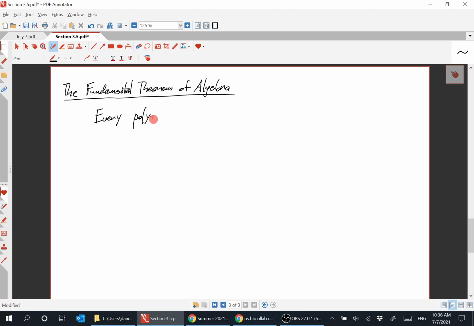polynomial of degree n has n roots, counting multiplicity. Counting multiplicities, it has n roots within the complex numbers.